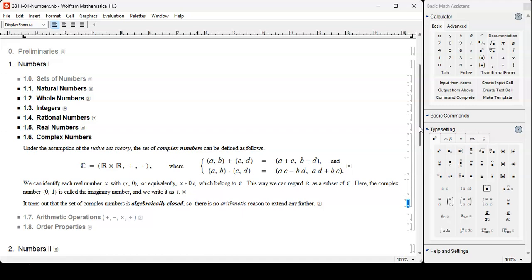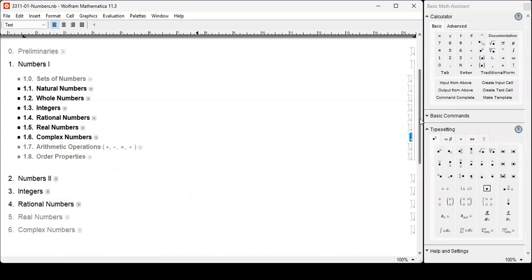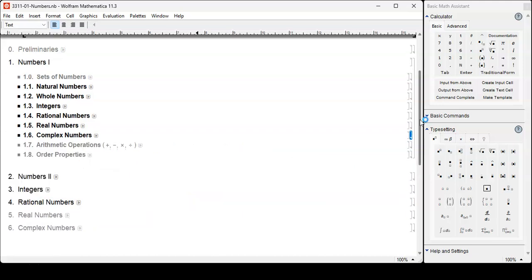There are many, but we do not call them numbers anymore. Complex numbers are the end, because they are algebraically closed, and there is no arithmetic reason to extend any further. So that's the end. We got to the end. All the numbers done. All the construction done.